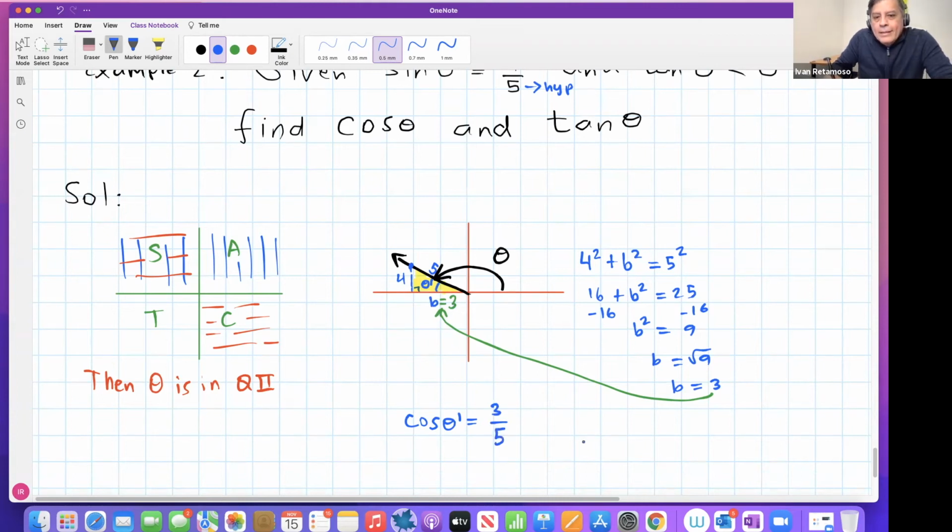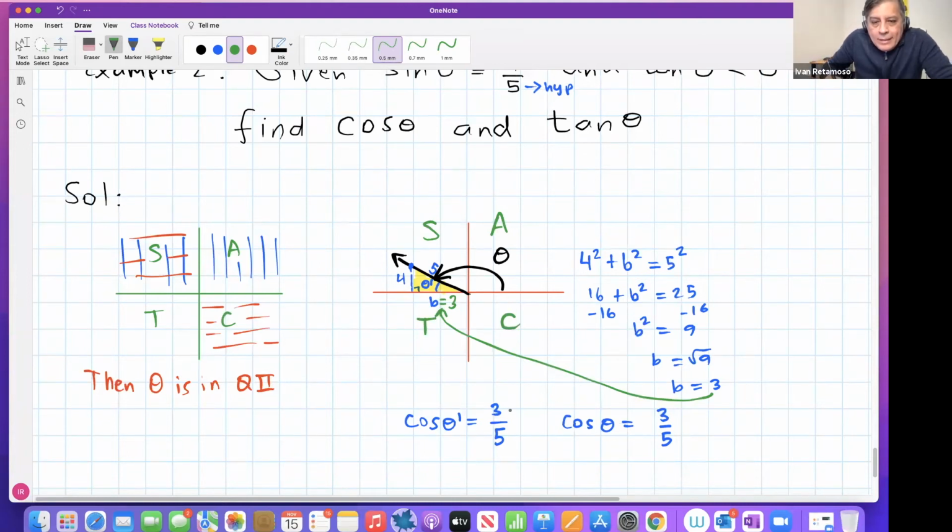But now I want the cosine of theta. This is the cosine of the reference angle. According to the fact that we saw, the values of these two cosines should be the same: 3/5, 3/5. Leaving a space for the sign, which will be determined by All Students Take Calculus.